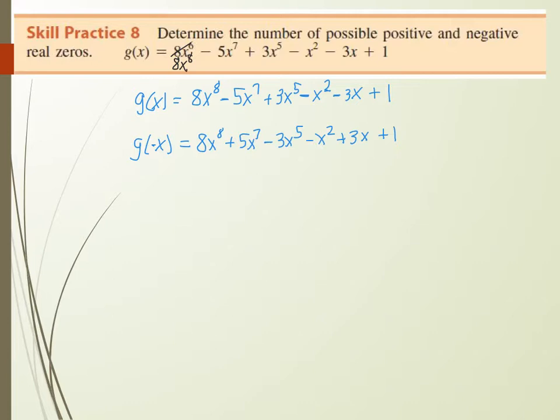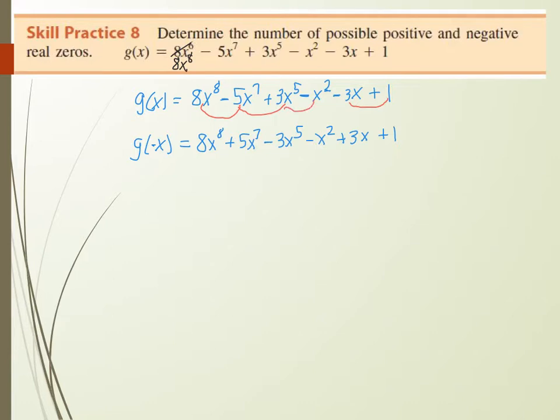So in this case, we have g of x is equal to 8x to the 8th minus 5x to the 7th plus 3x to the 5th minus x squared minus 3x plus 1. So in this particular case, we see we have 1, 2, 3, and 4.